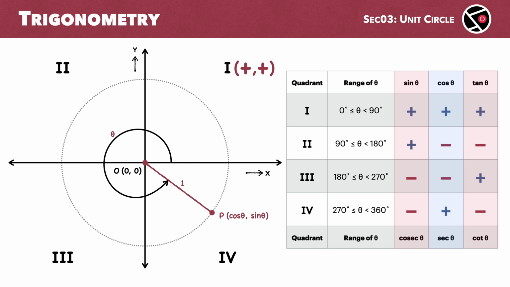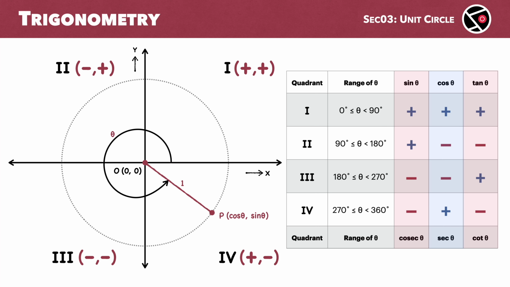Quadrant 2 is minus plus. Quadrant number 3, x and y both are negative. It is minus minus. Finally, quadrant 4, x is positive and y is negative. For quadrant 4, we have plus minus. Don't forget, x coordinate is cos and y coordinate is sine.